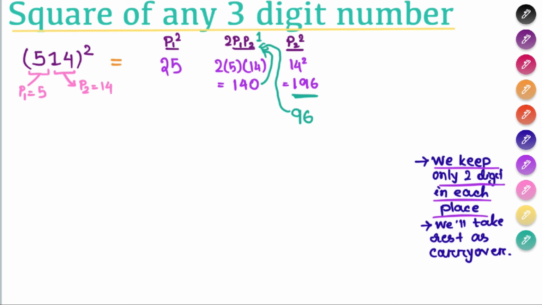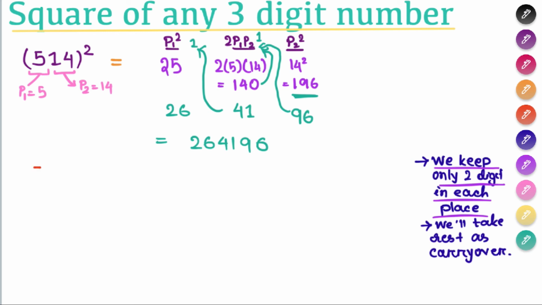But we can keep 2 digits only, so we write 41 and we have again 1 as carryover. Now 25 plus 1 will give us 26. Hence the answer is 264196.